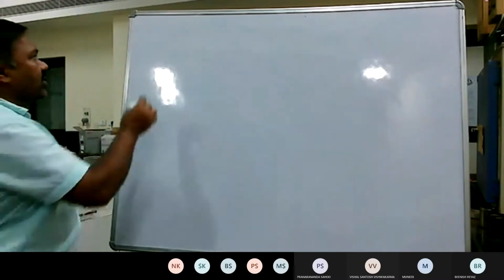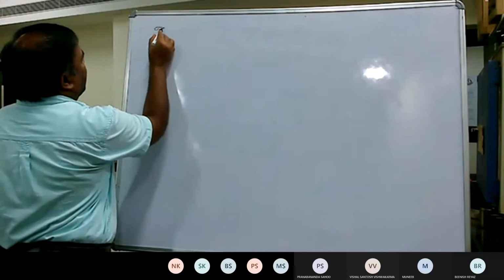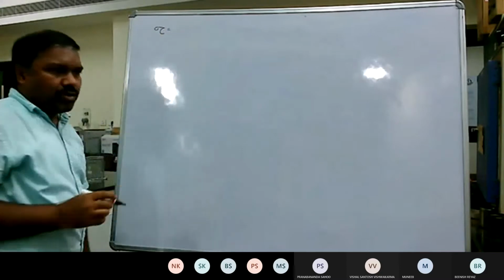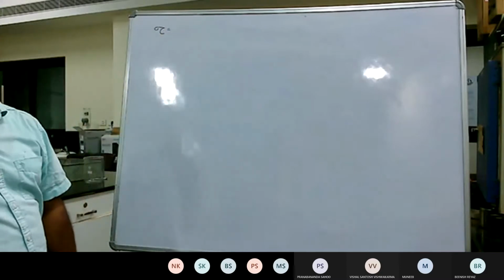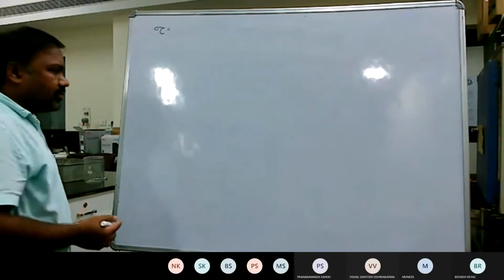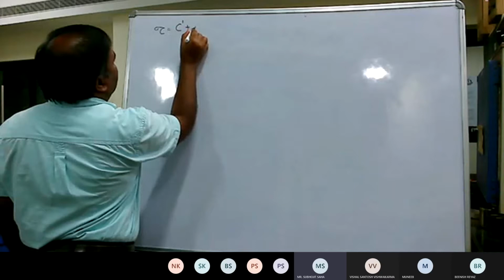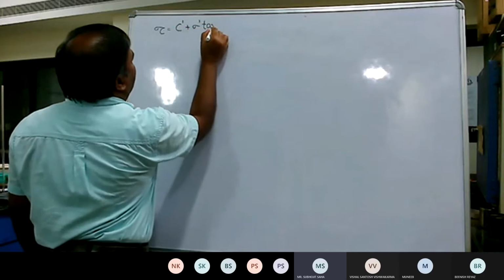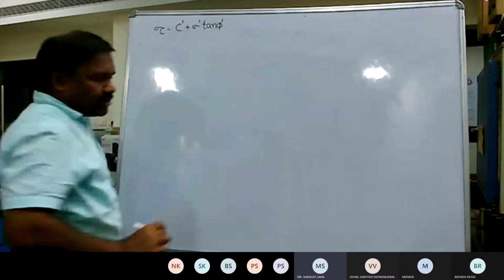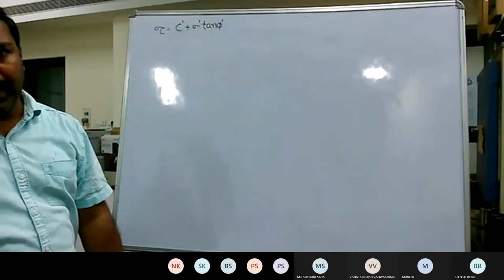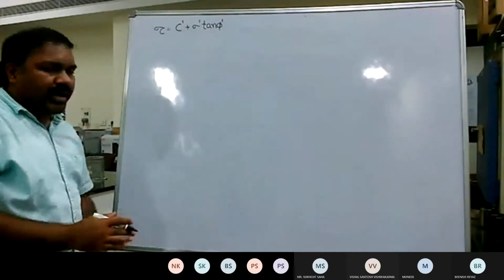So what is the equation for tau? In terms of the effective stress, tau equals c dash plus sigma dash tan phi dash. So c dash has been given, phi dash has been given. What about sigma dash?